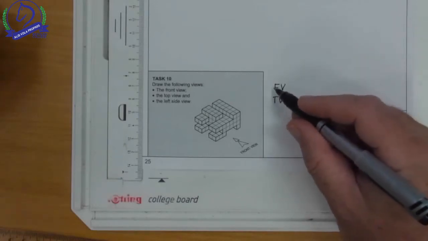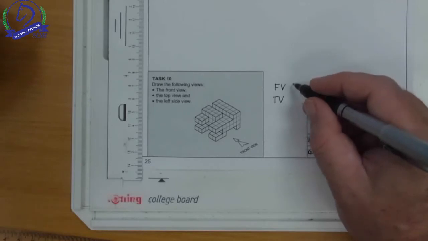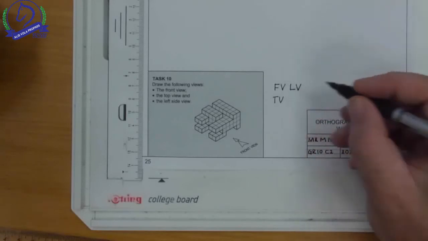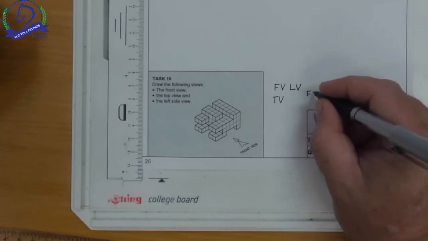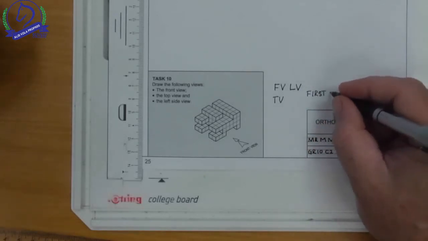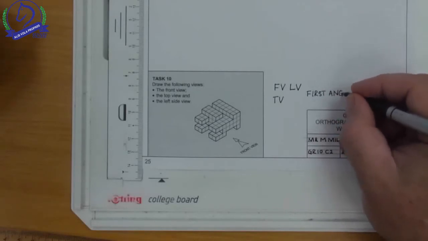For the left view, we look at the left hand side of the front view, shine a torch, where does the shadow go, and that goes on the right hand side. So that is the important thing to remember about first angle orthographic projection, the specific arrangement of the views.